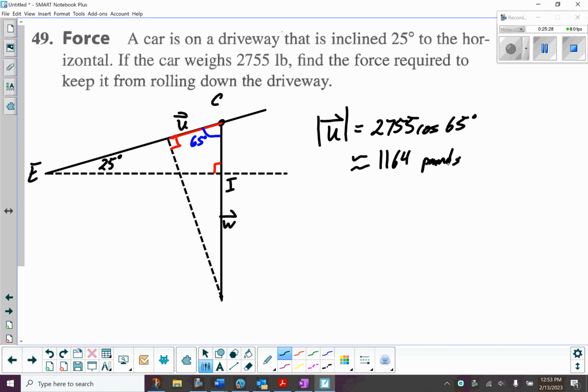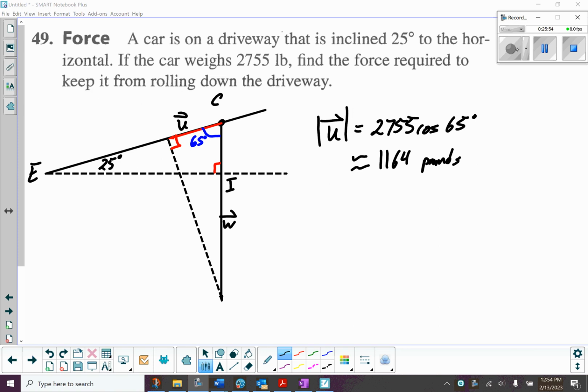Again, my picture isn't all that great, but looking at my answer now, the force required to keep it from rolling down the driveway is pretty close to almost half of the weight of the car pushing on the tires to prevent them from rolling. Isn't that interesting?